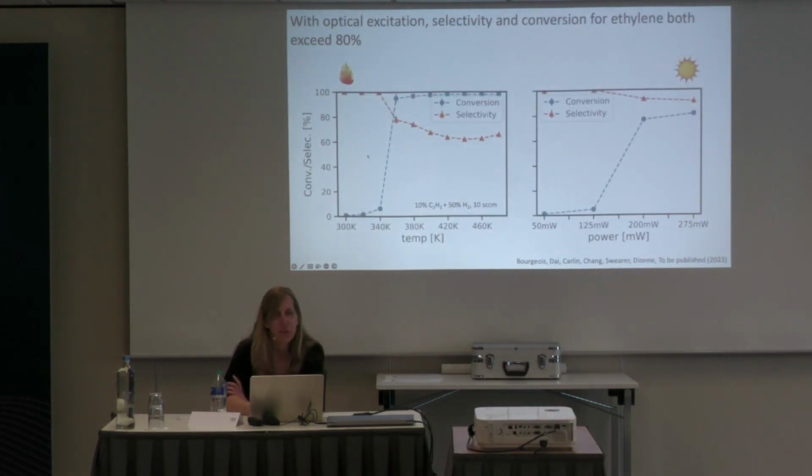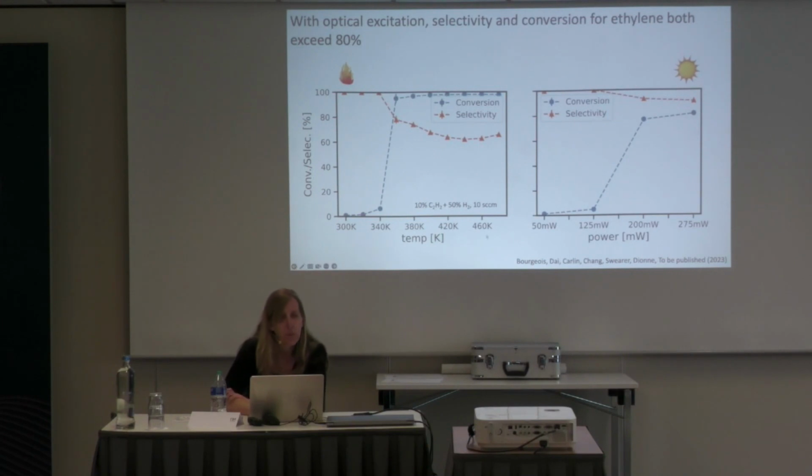So I showed you a plot earlier from Dane Swear where he was able to look at acetylene hydrogenation both with heat and with light. And he was able to get kind of this interesting difference between selectivity and conversion with both of those.